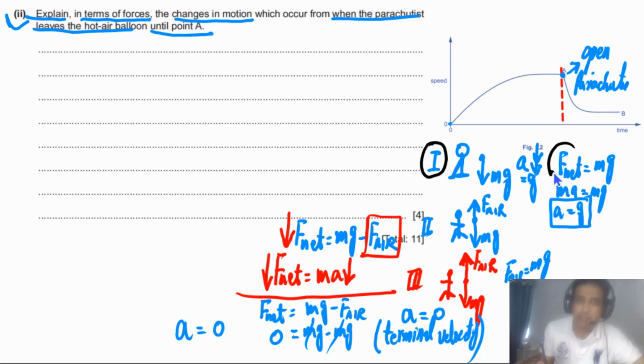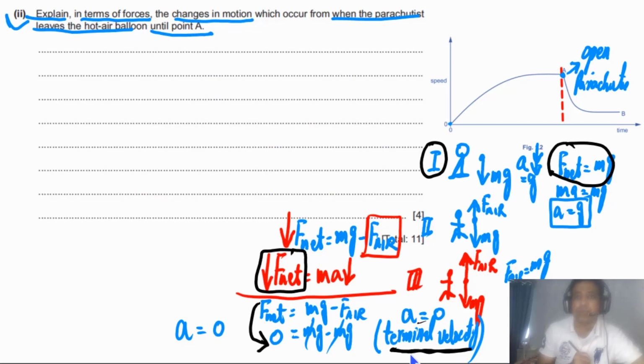If we compare this F net with this F net, you see F net is decreasing. It keeps on decreasing. Finally F net becomes equal to 0. So if F net is decreasing, it means acceleration also keeps on decreasing, and finally acceleration is equal to 0 and body reaches terminal velocity. So these points you need to understand, and these points you have to write down in your answer.